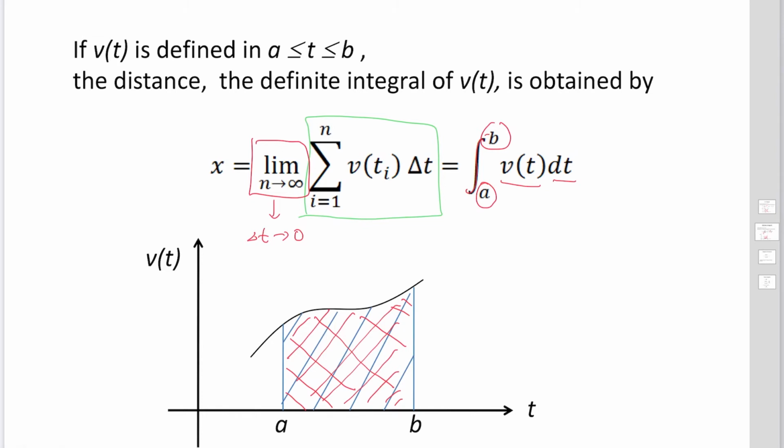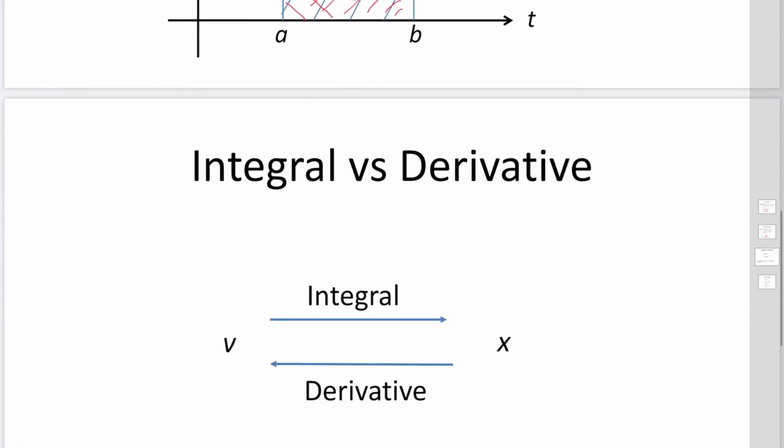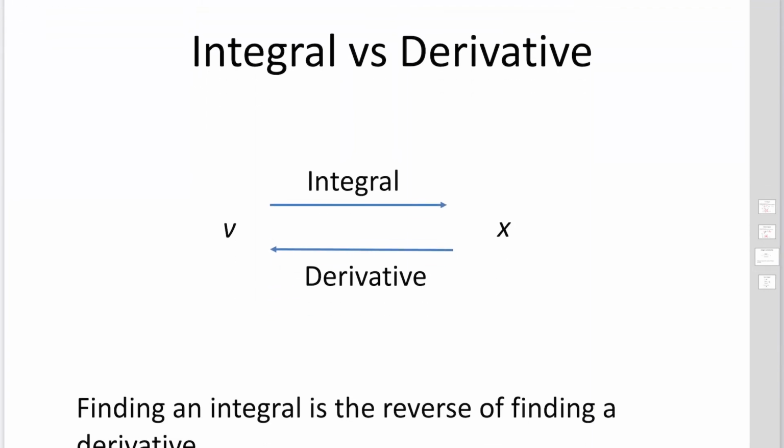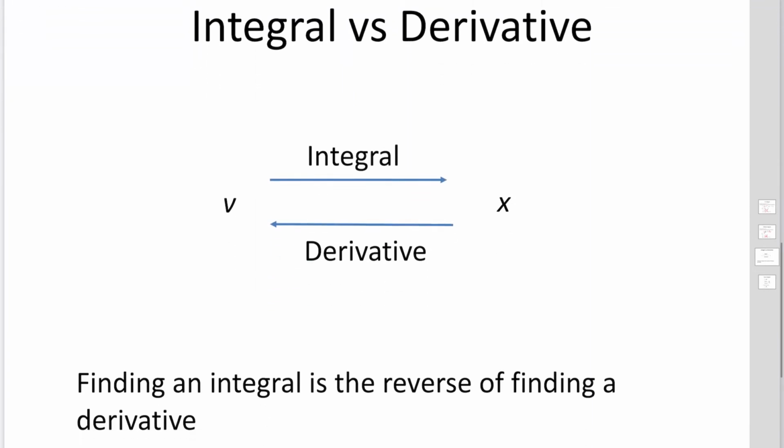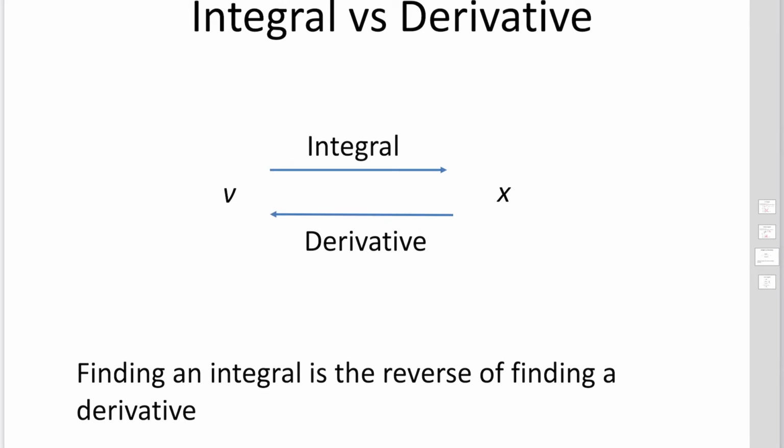Then how can we find the integral? If you consider the relation between derivatives and integrals, actually v equals dx/dt. This is the derivative. You can see that the derivative of x becomes the velocity.